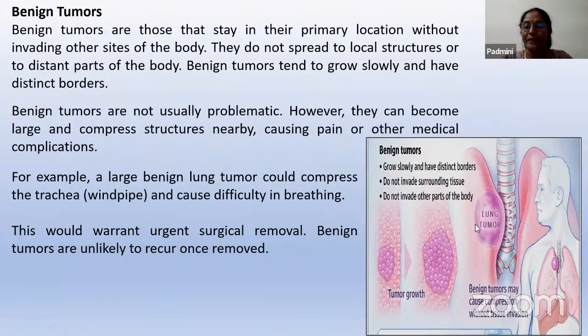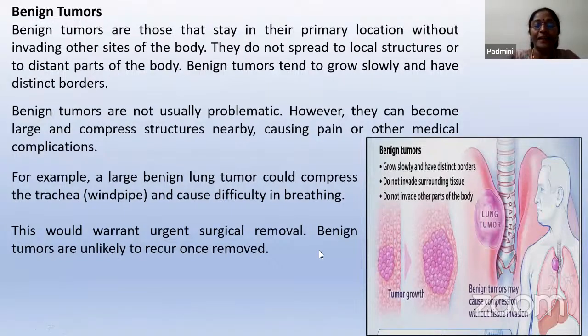In the picture, the lung tumor present here is going to compress the trachea beside it. So there's a lung tumor pressing the trachea, or windpipe, and when the windpipe is pressed, you feel difficulty in breathing. But otherwise, if it had been a little further from the lungs, it wouldn't have caused any problem. So this would warrant an urgent surgical removal.